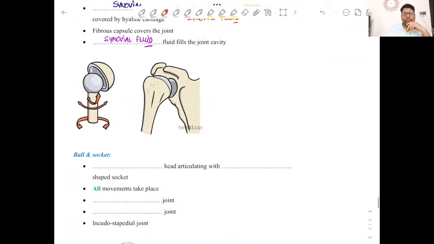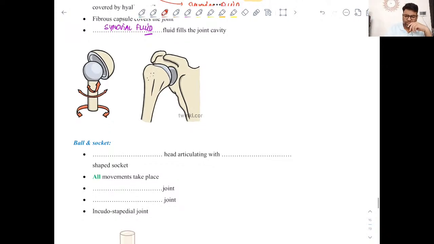Now different types of synovial joints, and the easiest to remember is the ball and socket. So there is a ball shaped head, and it articulates with the cup shaped socket. So there is a ball, and this is the socket. So ball and socket joint, and movement can take place in many planes.